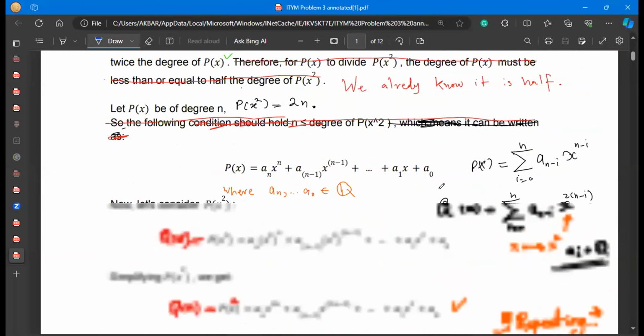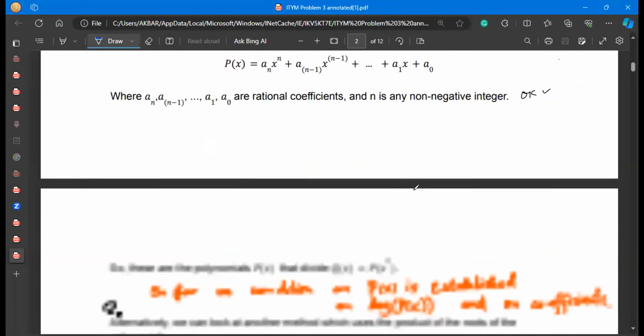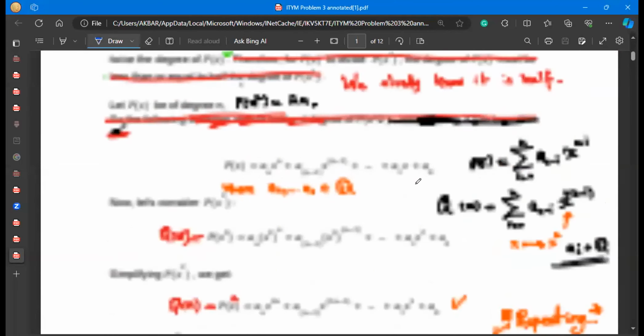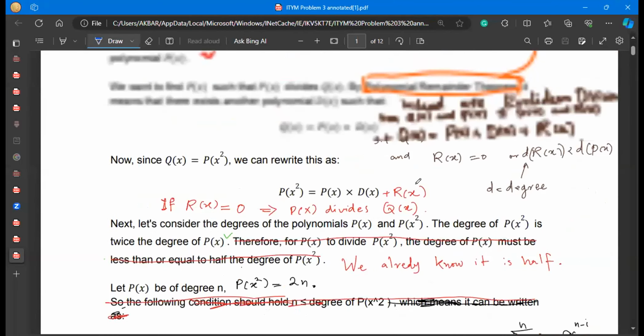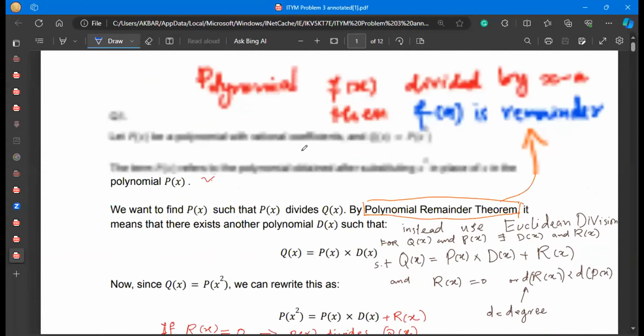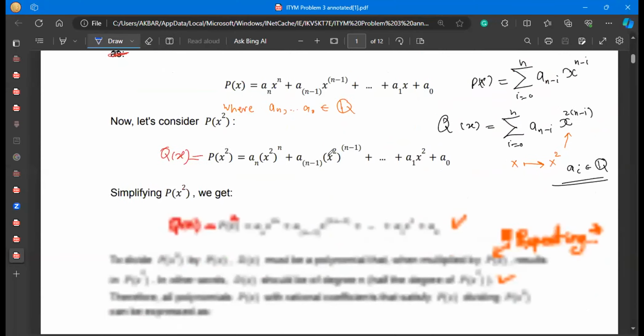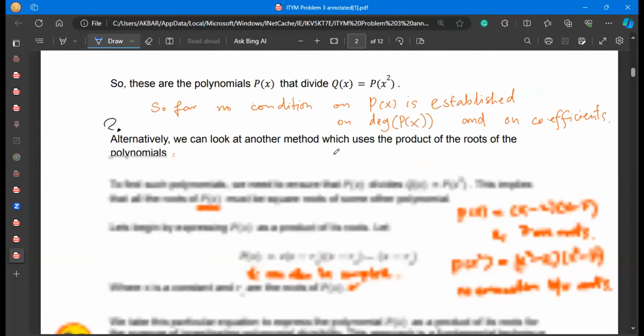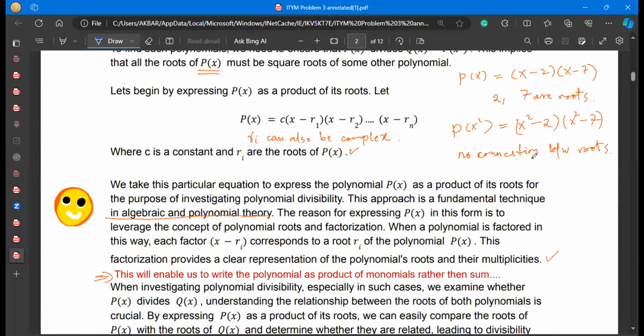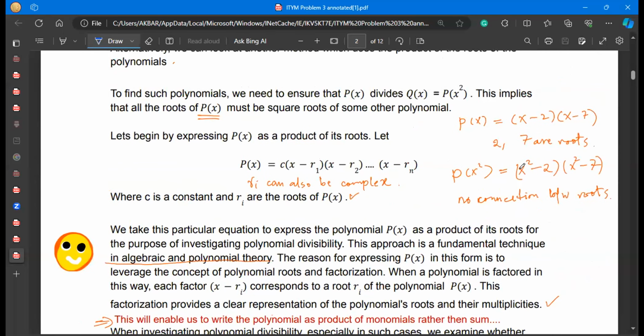Let me find it first. Of the point that you are making about squaring and about the square. Here it is. So you see this example here, p of x. Yes. I simply chose a polynomial with two roots.